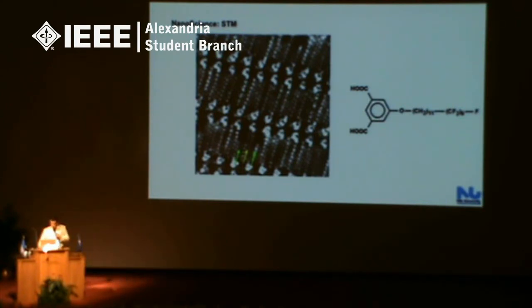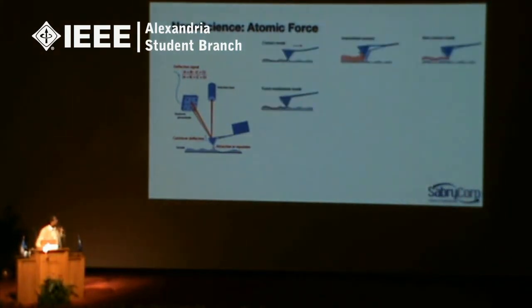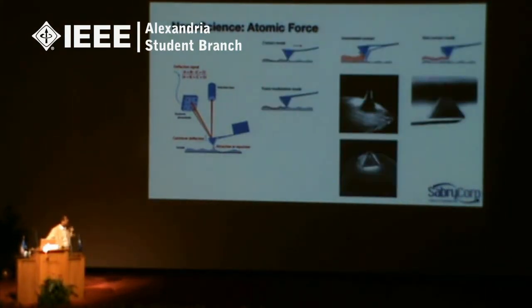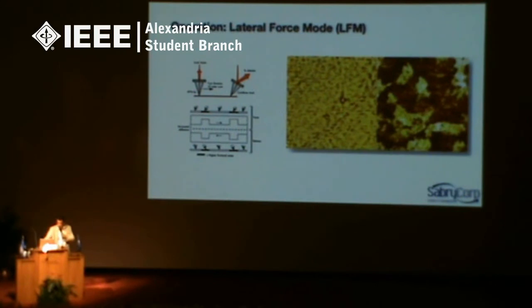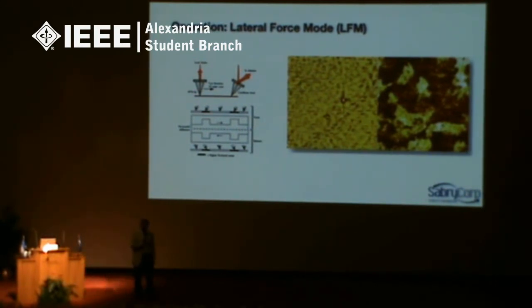I'm not going to go too much into different techniques, but we have different techniques to allow us to see at the molecular scale. I particularly like this one because it touches a little bit on engineering. What you're seeing on the left is a topography image of the surface, how the surface looks, height and depth, and it's pretty much flat.